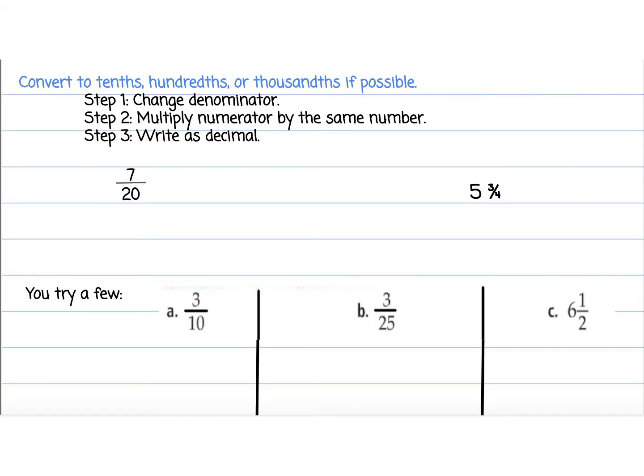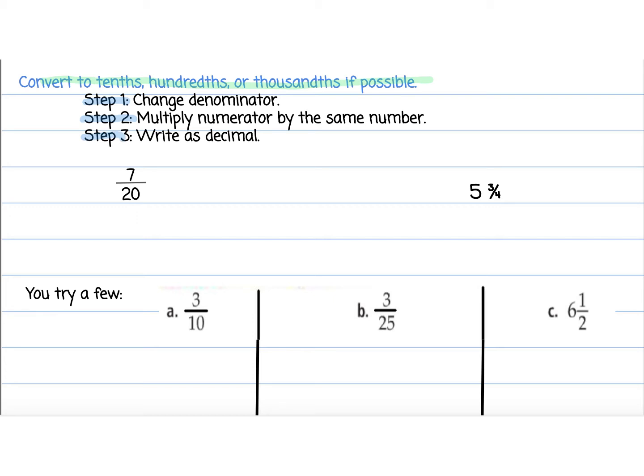Not always are questions readily available in the tenths, hundredths, or thousandths, so sometimes we might have to convert them to the tenths, hundredths, or thousandths. So what we would do is change our denominator. If we change our denominator to keep things equivalent, which is the goal, we would then multiply the numerator by that same number. So we're looking for a common number that we can multiply by. And then we would just simply write that as a decimal using place value.